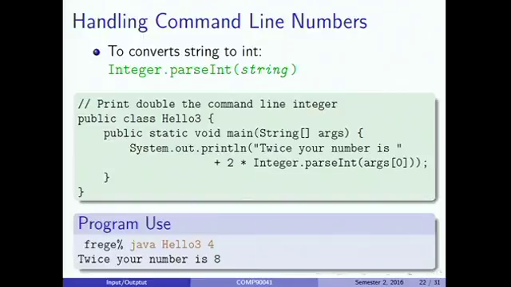Now, here's a little aside for you. Why does this work? Why didn't it print out "twice your number is 2" and then your integer? Why didn't it print "twice your number is 2, 4", the way it did when I said 1 plus 1 equals, and then plus 1 plus 1? Exactly.